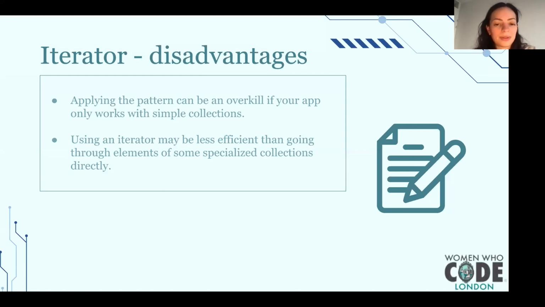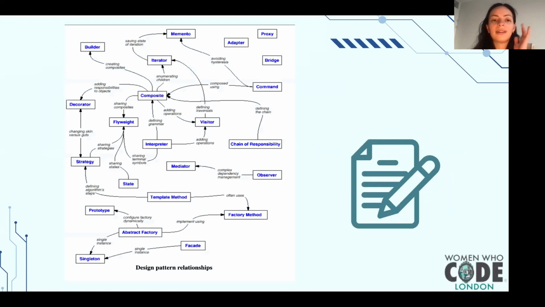So probably it's always better to get the already implemented iterator from collections, and not implement this pattern by yourself.